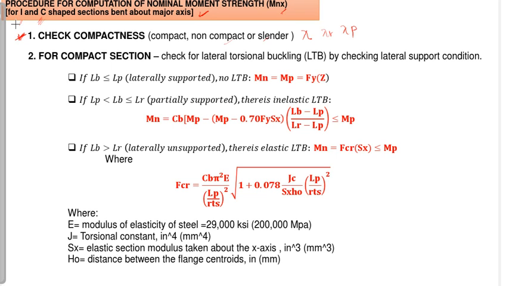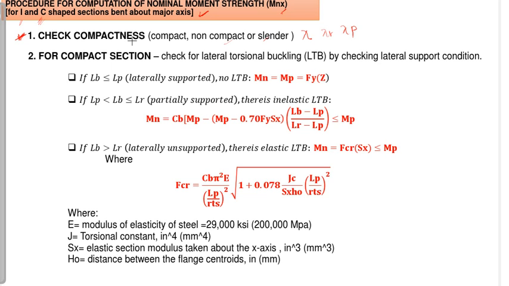Okay? So, in your step 1, either compact or non-compact yung makukuha ninyong compactness nung section. Okay? So, in reality yun. In reality, yung slender, kailangan nating palitan kasi ayaw nating magkaroon ng slender element. Okay? So, and from there, from our step 1, what could be our next step?